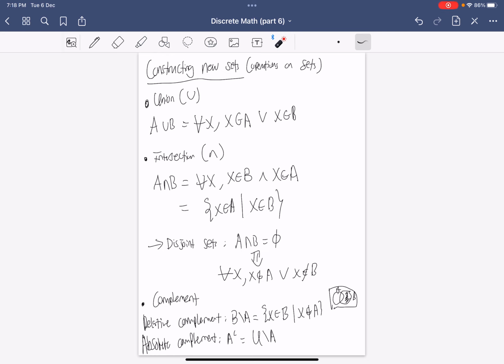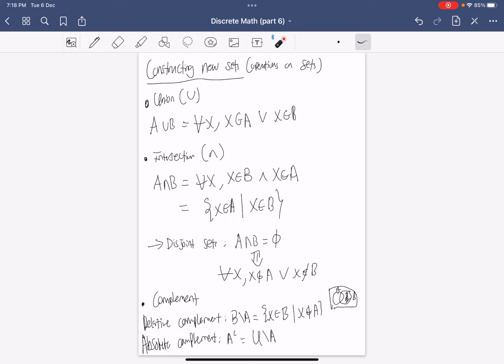So, knowing what union and intersection are, we shall move on to something that is complicated in the axiomatic sense, but intuitively it's pretty straightforward. This is the complement set. The complement has two types. One is the relative complement. You have two known sets in this case.